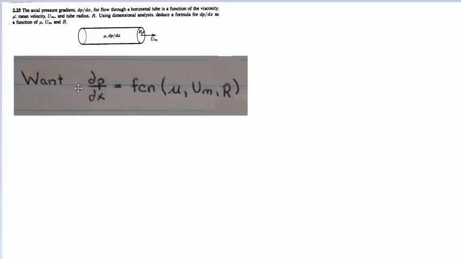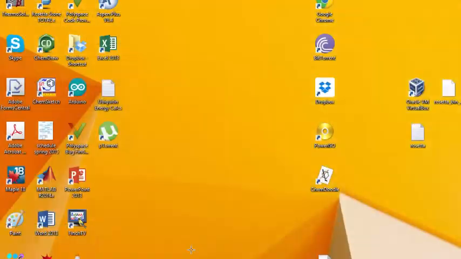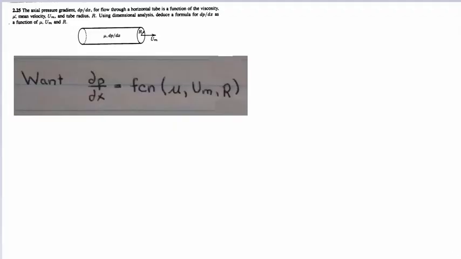We want to find a function for dp/dx in terms of the other variables. The first thing we want to do is note how many variables we have. Since there are three variables over here and one over here, we have a total of 4 variables overall.